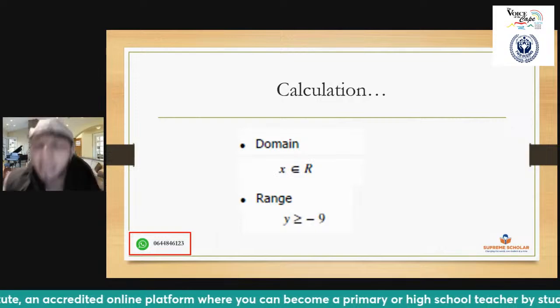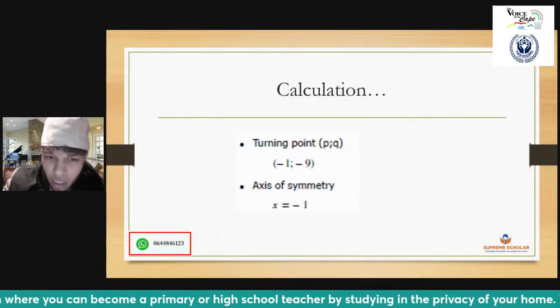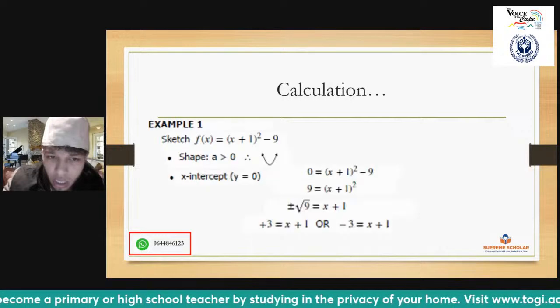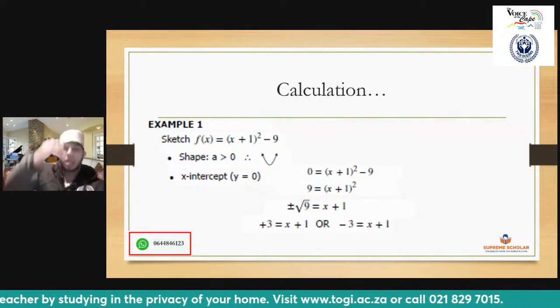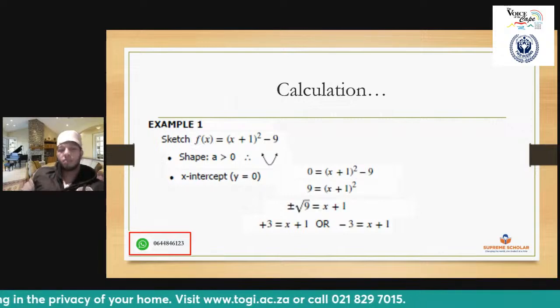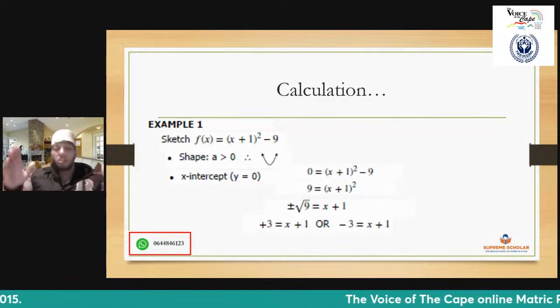Alright? Now, let us go back to that function. If you look here, as you can see how the graph is behaving, right? We have our turning point, we have our x value of the turning point and a y value. It's going towards positive infinity.